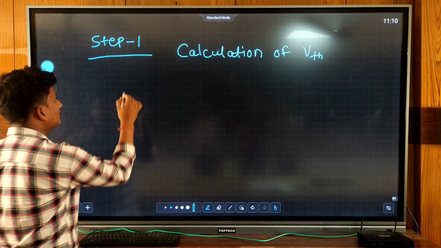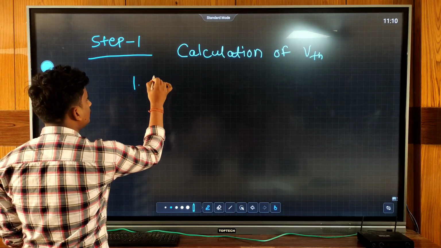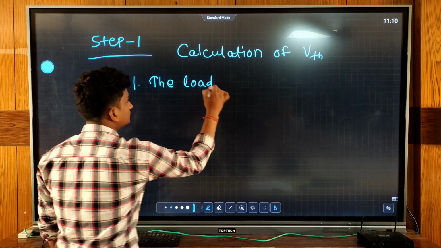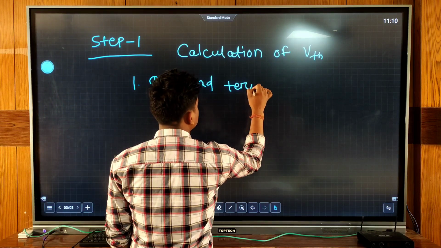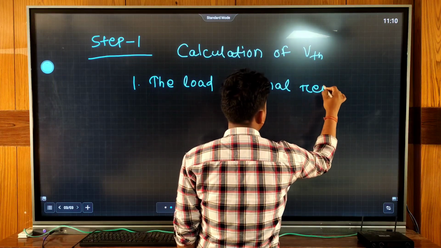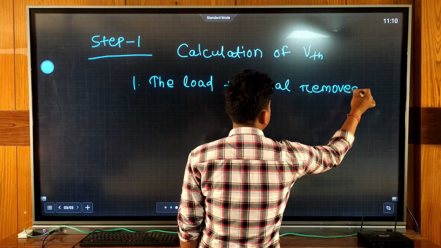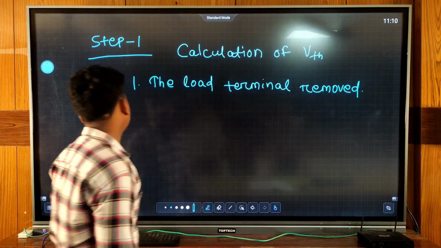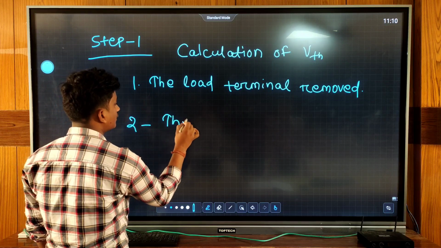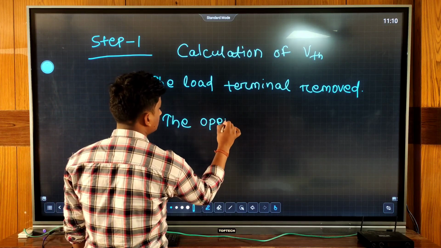First point to remember, during calculation of VTH, the load terminal is removed by open circuit, and the open circuit voltage is measured across the load.